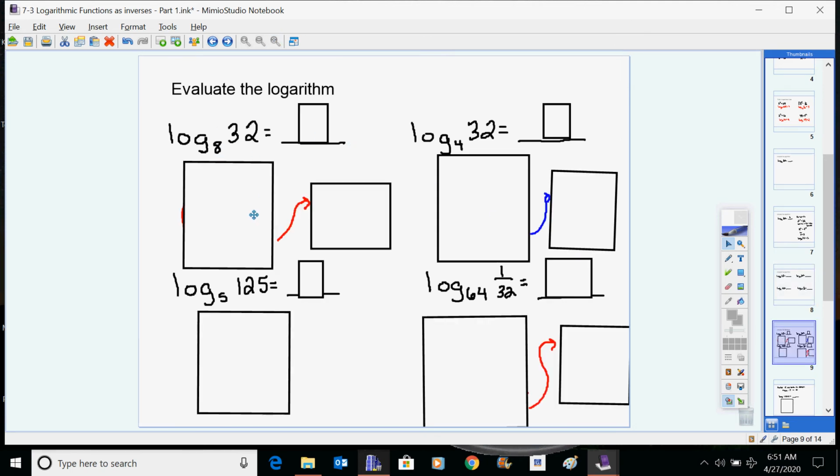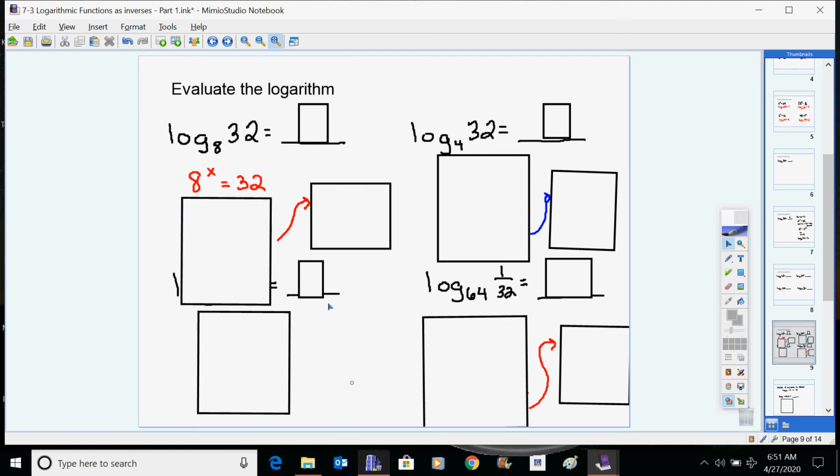So log base 8 of 32. That means 8 to a certain power equals 32. But there's not a whole number that's going to do that for us. Even 8 squared is 64. So we think maybe we're stuck, but no, we're not, because each one of these can break down into 2 to a power.